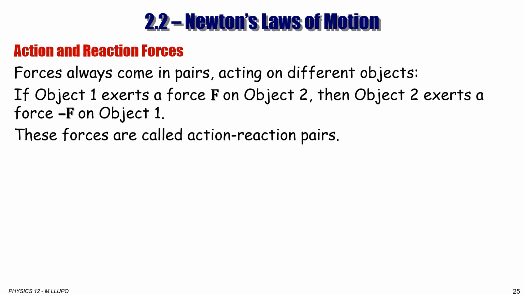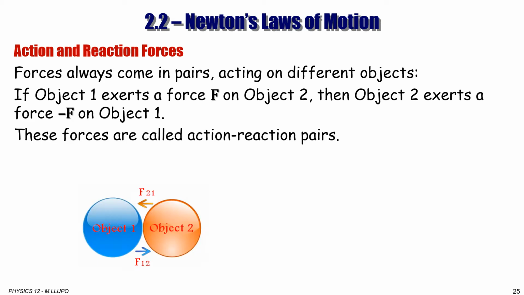Forces always come in pairs, acting on different objects. For example, if object 1 exerts a force F on object 2, then object 2 exerts a force minus F on object 1. So the same force, but in opposite direction. These forces are called action-reaction pairs.